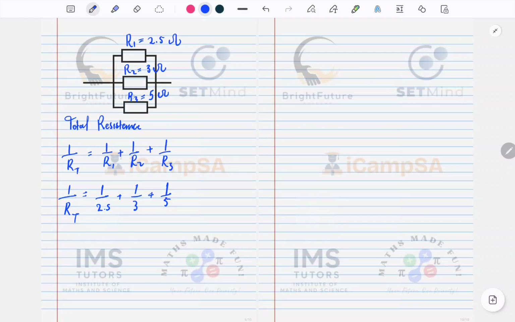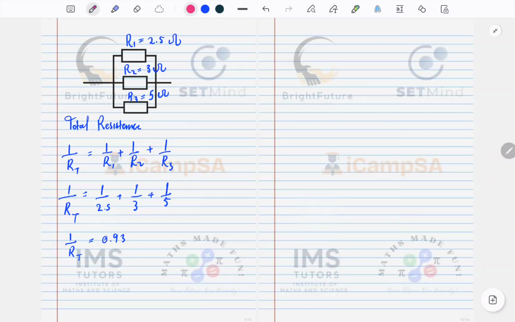Once you have punched it in your calculator, let me punch in my calculator, plus 1, plus 1. Okay, so now I have something like 0.93, right? So this is not the end, so you need to change this.